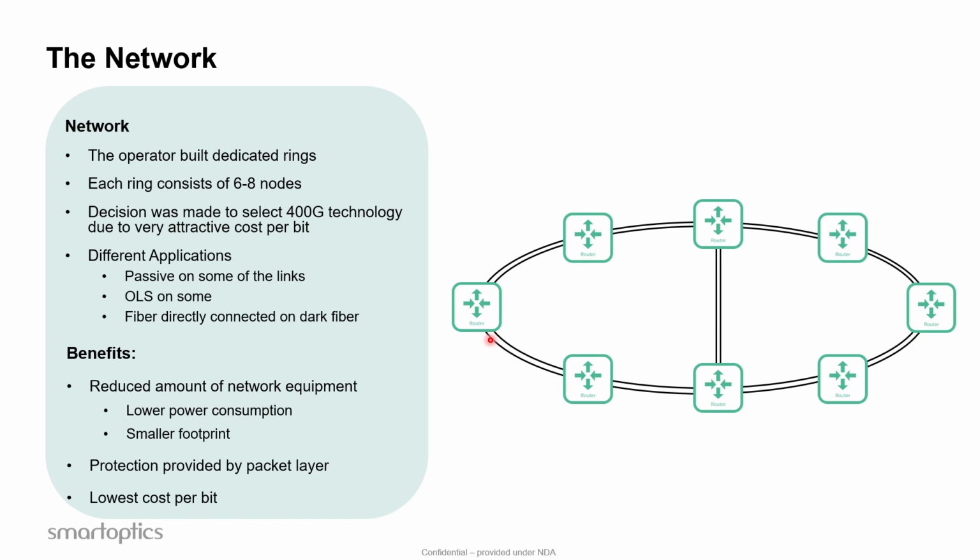Everything is point-to-point traffic, just jumping to the next neighbor. But all the protection will be done on a higher layer, layer 2 or layer 3 packet layer, and none of it will be done on the optical layer. And this was the solution that, when they did their math, provided the lowest cost per bit and made them successfully win this governmental deal.